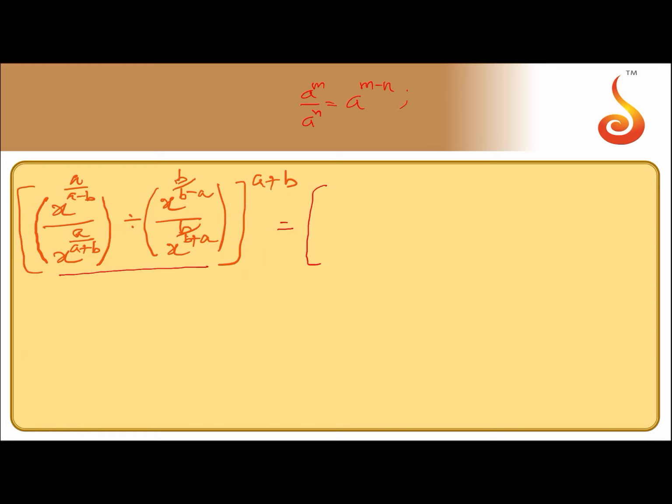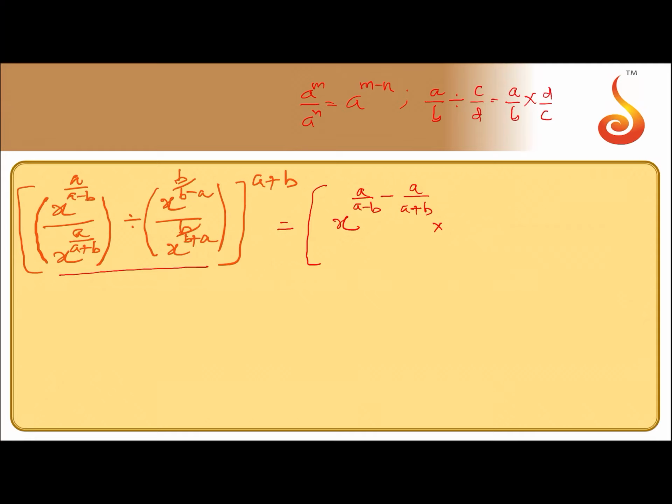At the same time, a by b divided by c by d can be written as a by b multiplied by d by c. By using this concept, this is x to the power of a by a minus b minus a by a plus b, and instead of a division I write it as a multiplication.